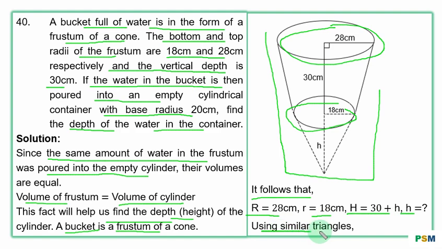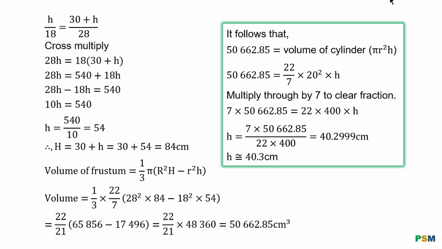Using similar triangles, you have this: H over 18 equal to 30 plus H over 28. You cross multiply, simplify, then you get the height of the smaller cone. I have already mentioned this.